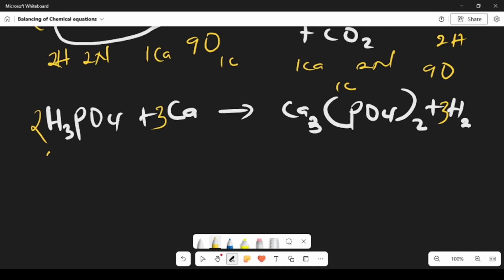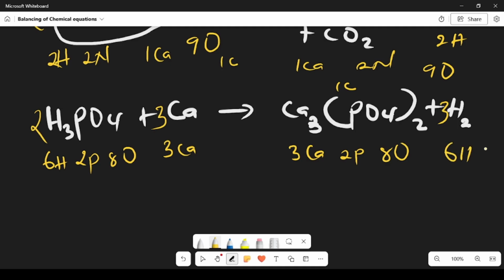So let me write them out. 6 atoms of hydrogen, 2 atoms of phosphorus, 8 atoms of oxygen, 3 atoms of calcium, 3 atoms of calcium, 2 atoms of phosphorus, 8 atoms of oxygen, and 6 atoms of what? Hydrogen. Let's add them together. 6 plus 2 plus 8 plus 3. 6 plus 2 is 8. 8 plus 8 is 16. And 16 plus 3 is what?